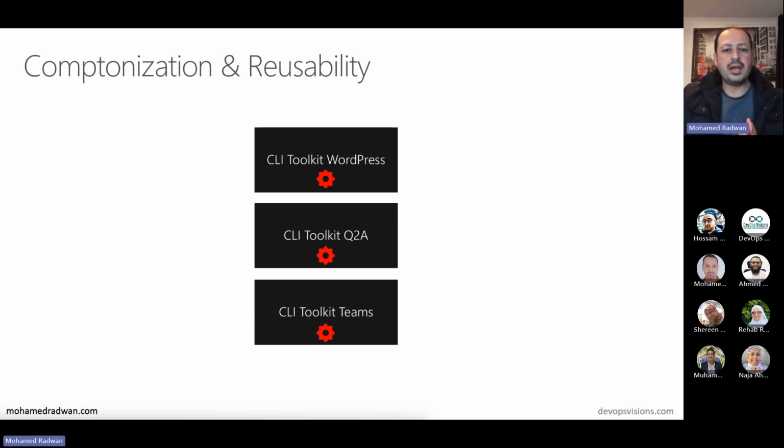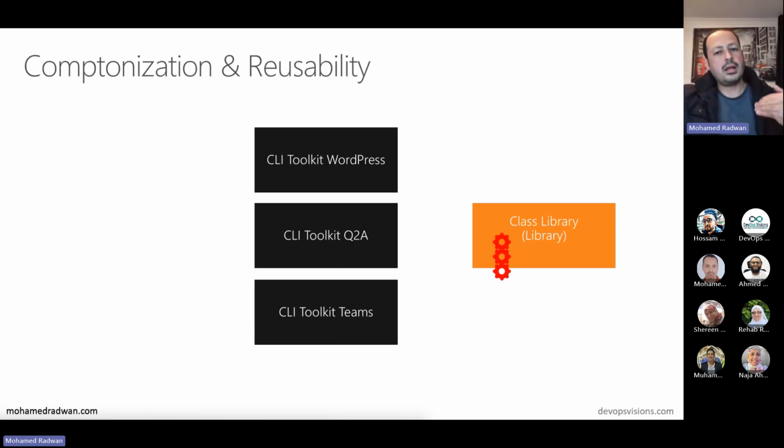Just to give you an idea, let's say I have a list of users and I want to give it to the CLI to register these people in WordPress, and these people to the Q and A and Microsoft Teams. So it will be the same functionality. Instead of repeating this functionality in each component or each toolkit, the best option is to have a class library, or a library, that has a shared component that can be used by any toolkit.